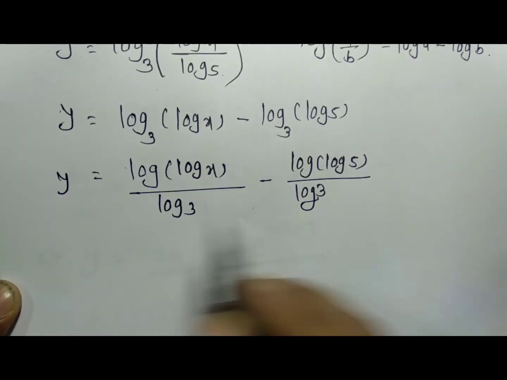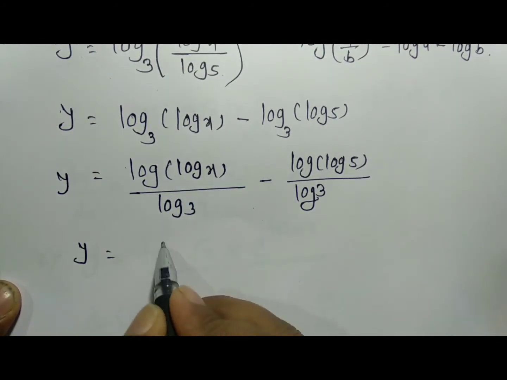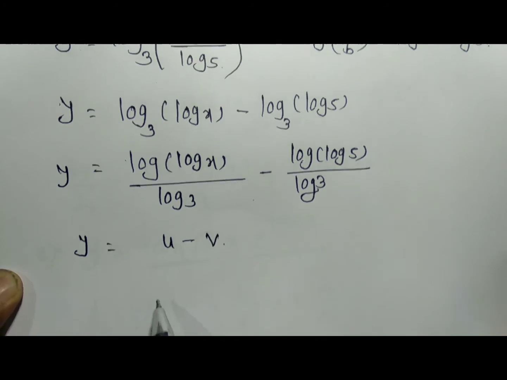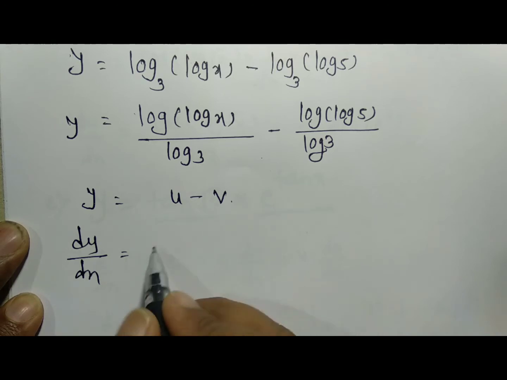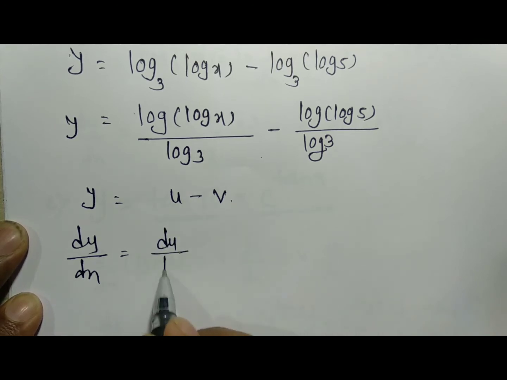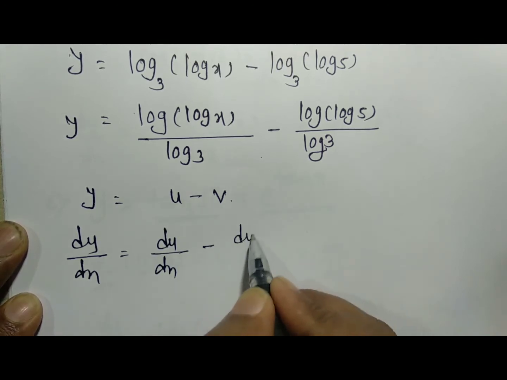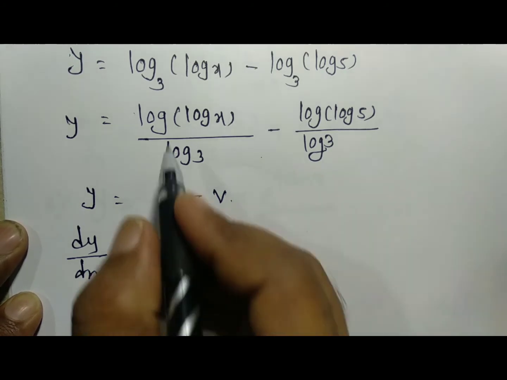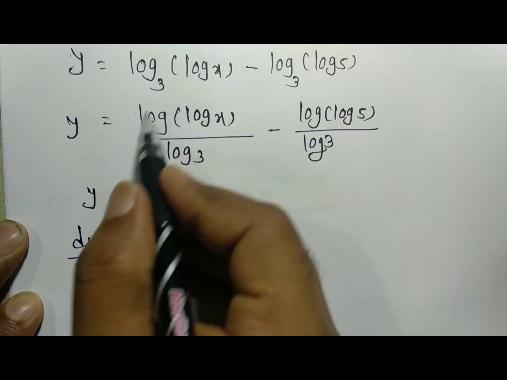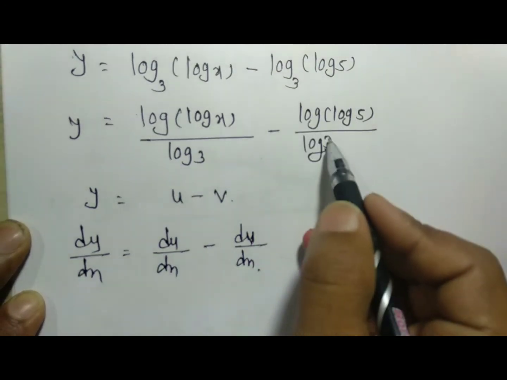By using the differentiation rule, you will get this one function and this another function. That means y is equal to u minus v, and the derivative of y with respect to x, dy by dx, is nothing but you take the separate derivatives and subtract them.